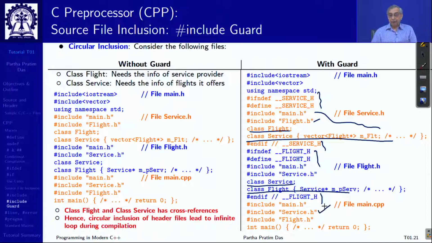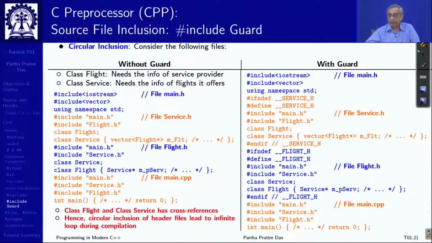This is done. Now, when you try to include flight dot h, you already will get this symbol as defined and you will do nothing. So, very simply by one inclusion principle, you have been able to break this circular chain and the possibilities of such circularity at all happening in your code.